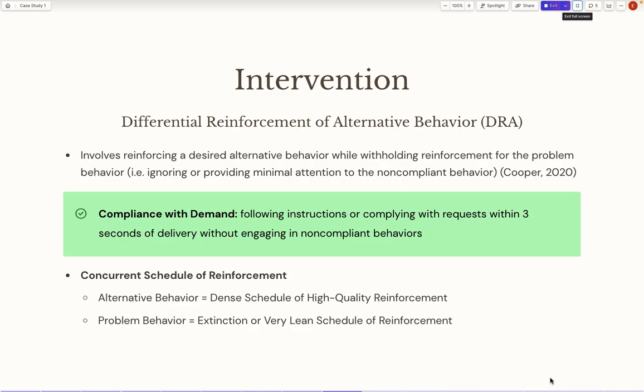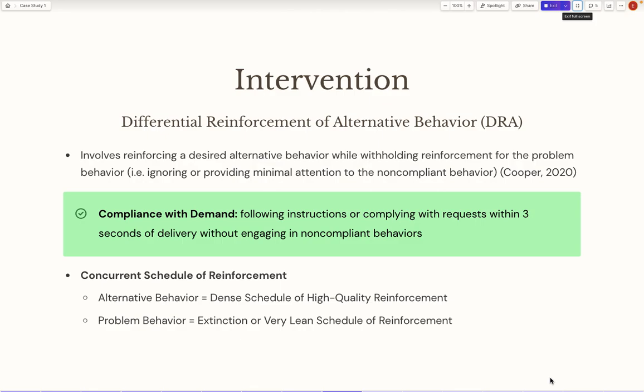Differential reinforcement of alternative behaviors, or DRA, is the second leg. So this involves reinforcing a desired alternative behavior while withholding reinforcement for the problem behavior. So the alternative behavior in this case is compliance with demand. This is defined as the client following given instructions or complying with requests within 3 seconds of delivery without engaging in non-compliant behaviors.